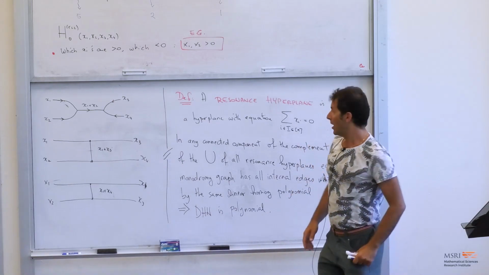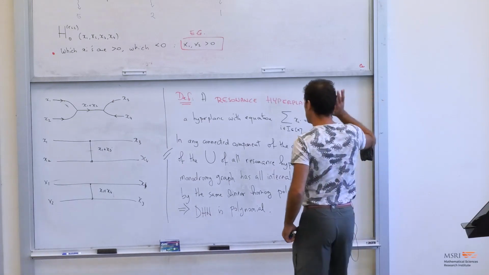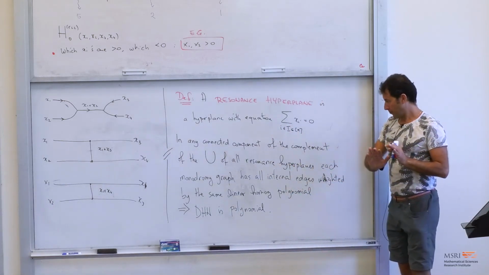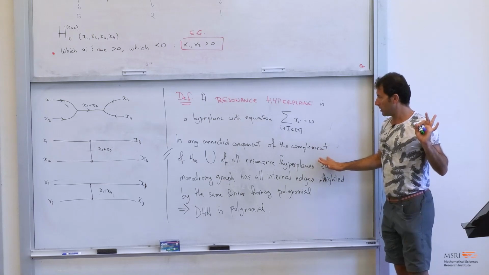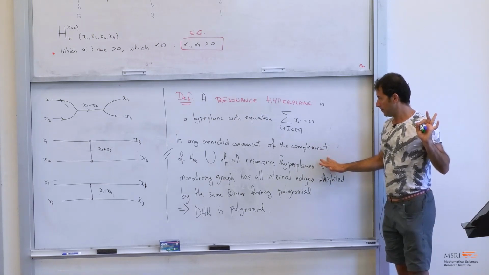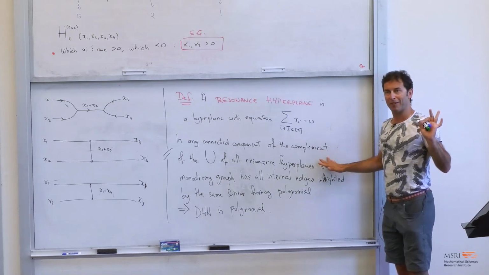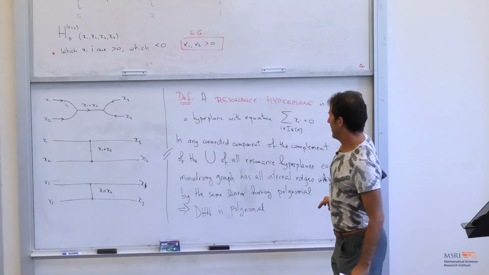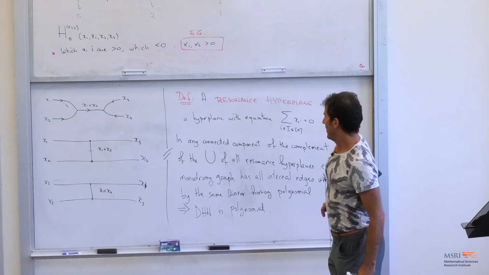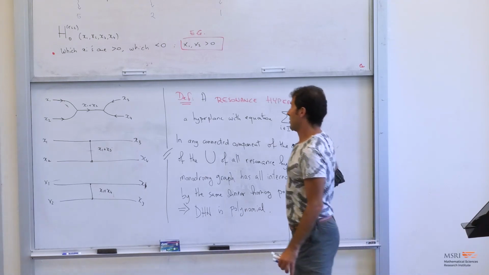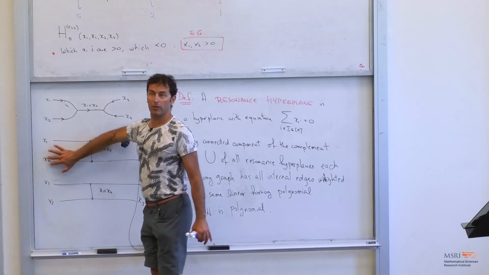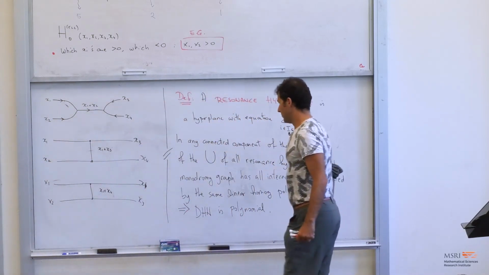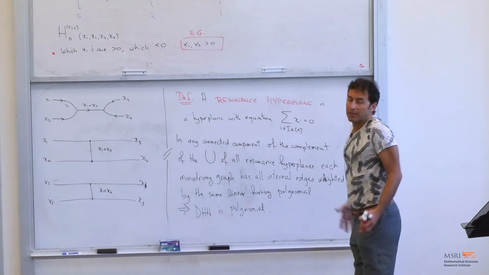Yes, Johnny? So on the resonant hyperplanes, we don't talk about them, right? Like on the one on the left, what happens if x1 is equal to negative x3? Yeah, this graph will just contribute 0.